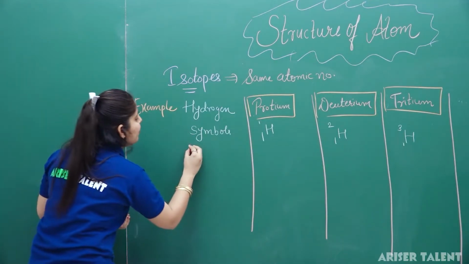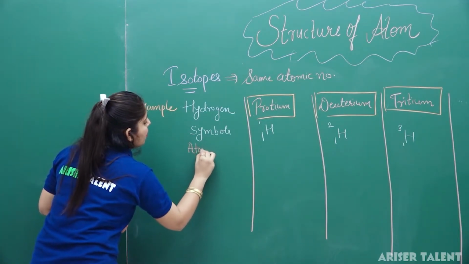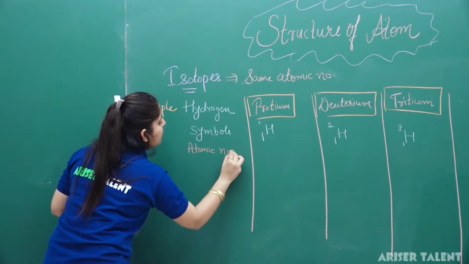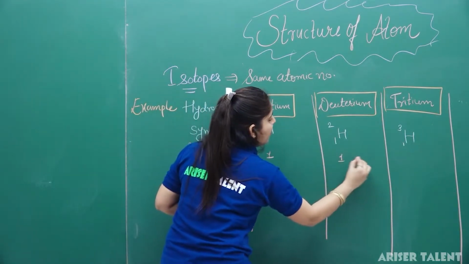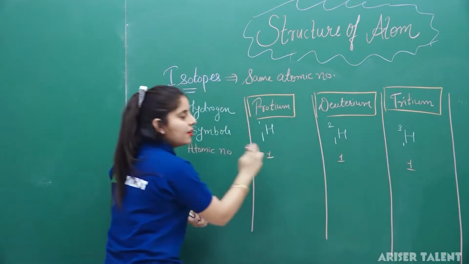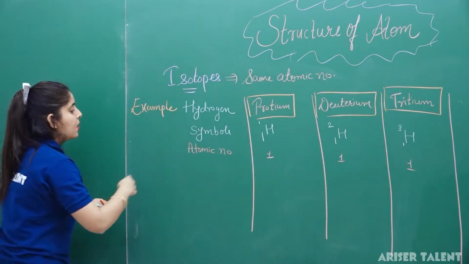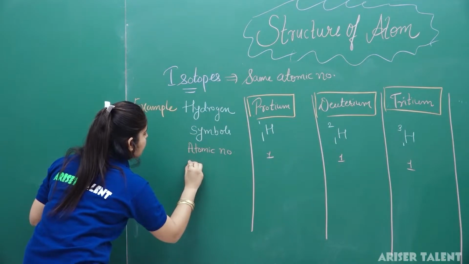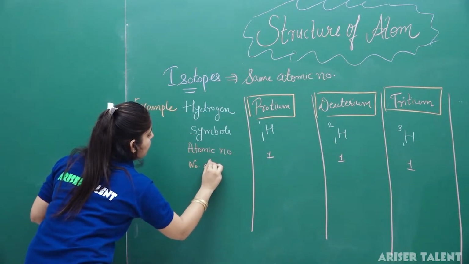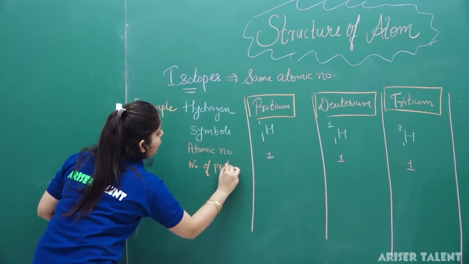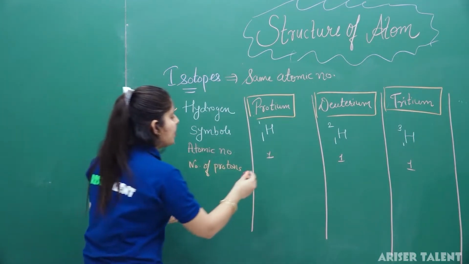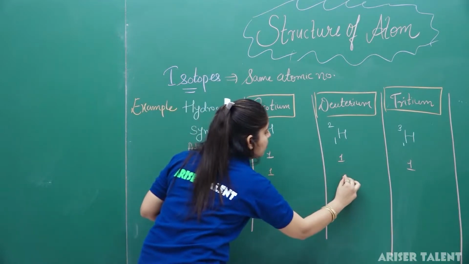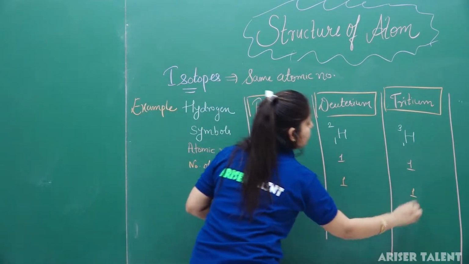So firstly we will write about the atomic number. Atomic number here is 1, 1 and 1, which is written in the lowermost part. Now we have the number of protons. Number of protons is actually the atomic number of the element, that is equal to 1, 1, 1.